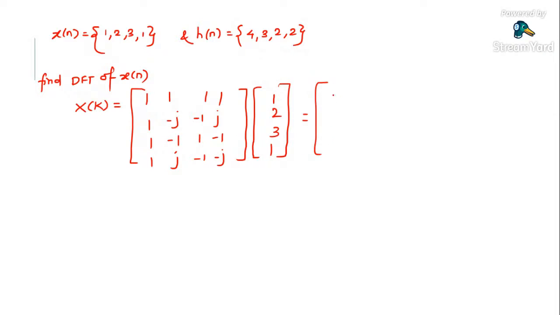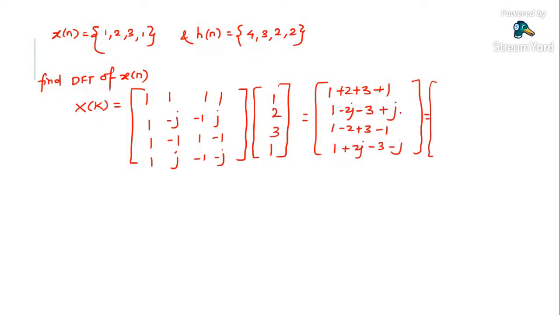Now the answer is 1+2+3+1 first, then 1-2j-3+j, next 1-2+3-1, and fourth 1+2j-3-j. So the answer is 7, -2-j, 1, and -2+j.